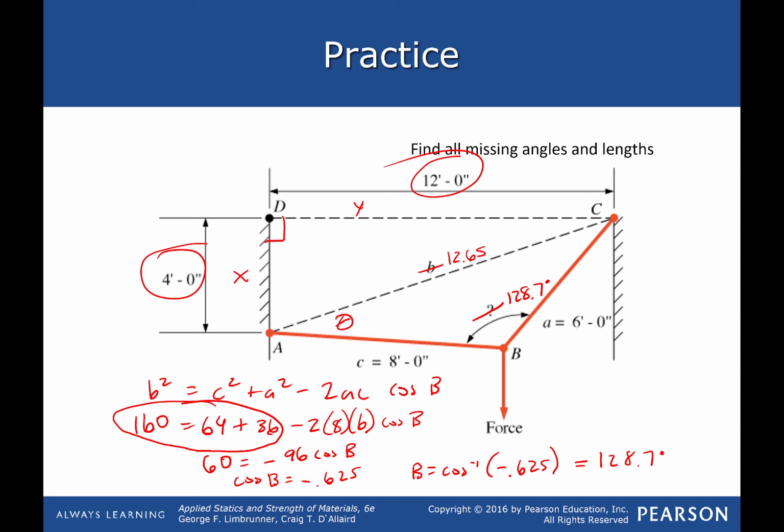So let's see, a, which is 6, over sine of theta, which I don't know, is equal to b, yes, b, which is 12.65, over sine of 128.7. There we go. That looks fine.